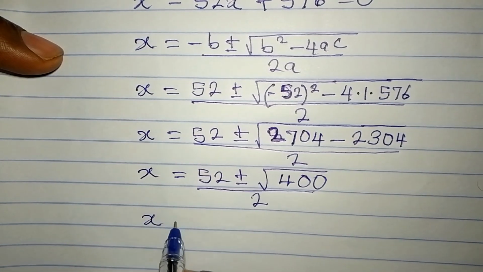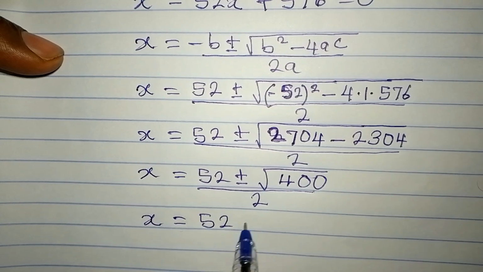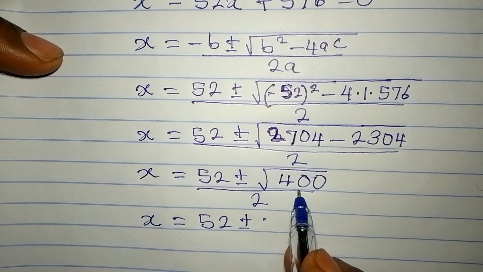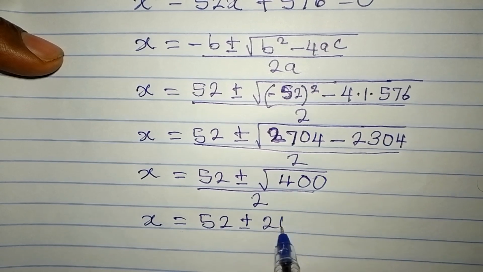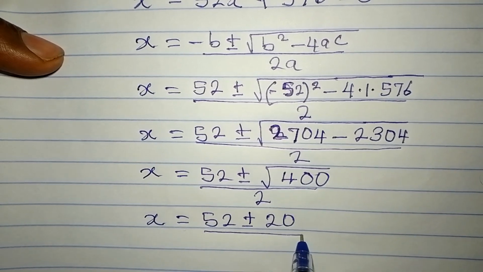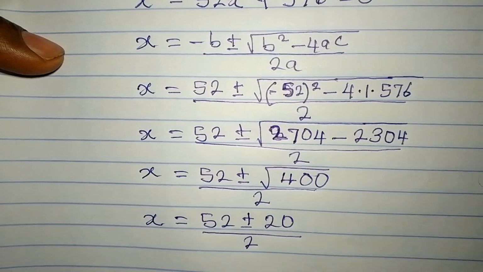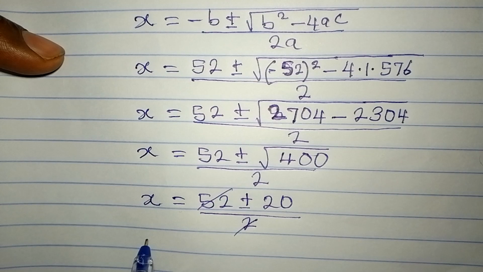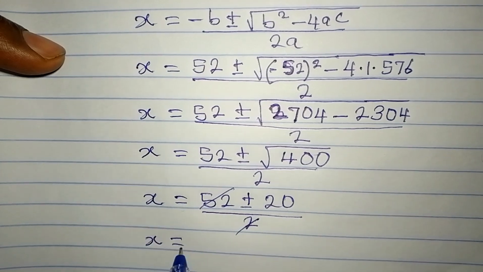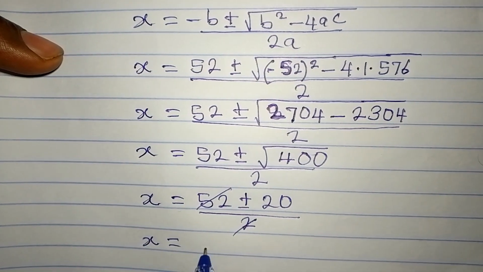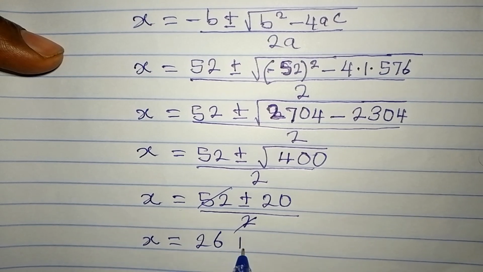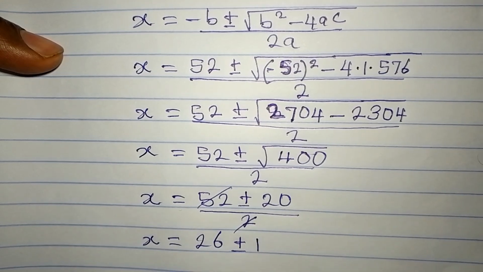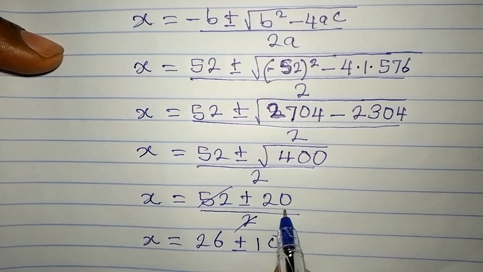So our x is equal to 52 plus or minus square root of 400, which is 20, and the whole of this is divided by 2. From here, 2 can now go there, so that we have 26 over there, then plus or minus, 2 into 20 is 10.